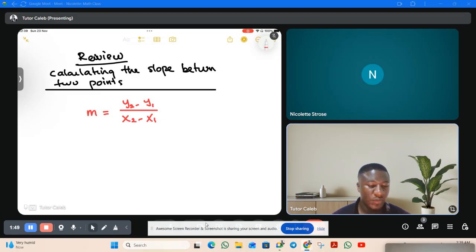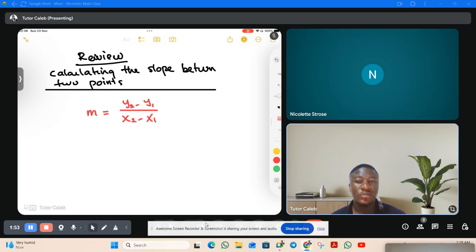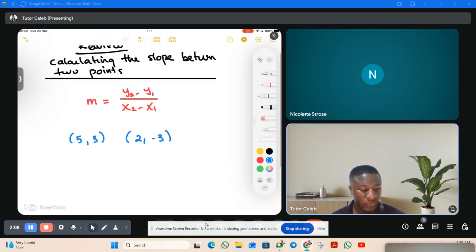That's the formula. Now, if they give you 2 points to calculate your slope, for example, point (5, 3) and point (2, -3), you are going to label your points because every point has two coordinates, an x coordinate and a y coordinate.